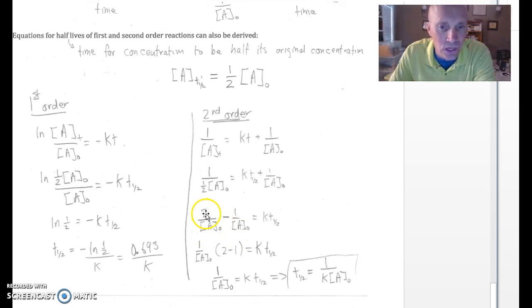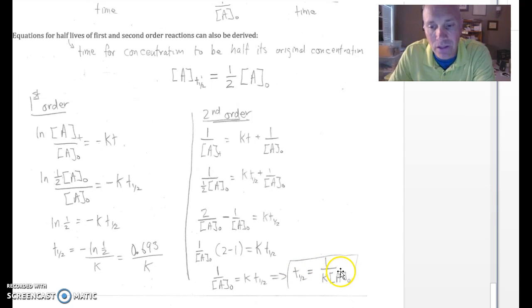Think of this as 2 times 1 over [A] sub 0, so 2 is what we'd have left over here, and 1 is what we'd have left over here. 2 minus 1 gives me 1. So we have 1 over [A] sub 0 equals k t. Solving for the half-life, we get this expression here.